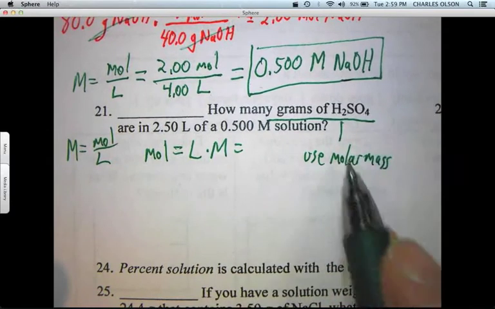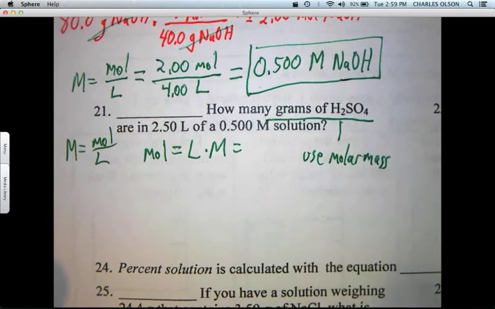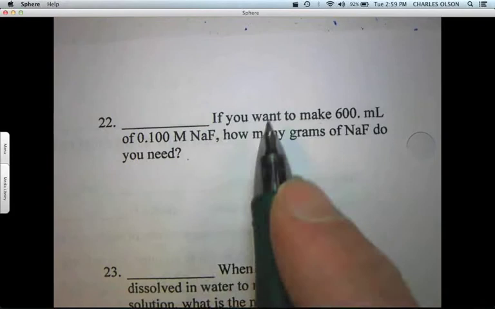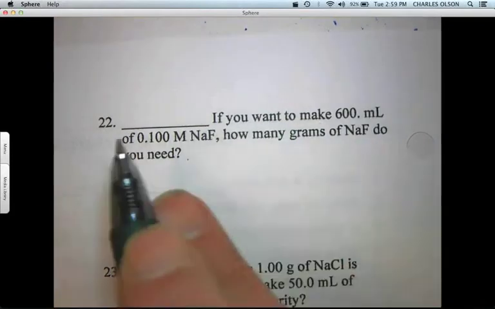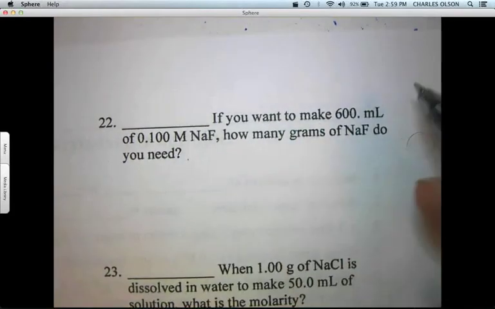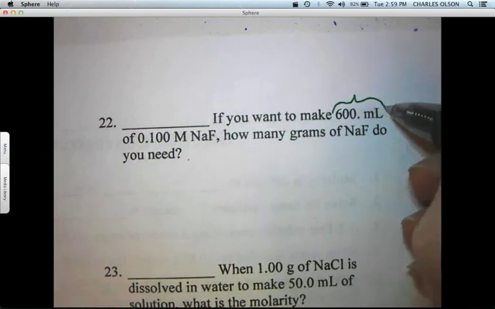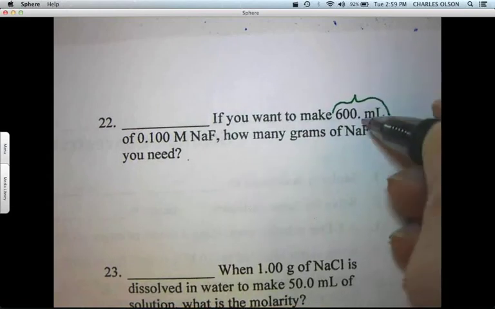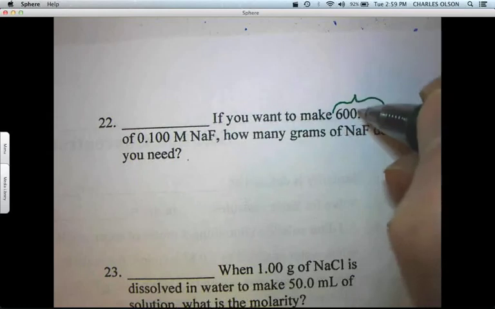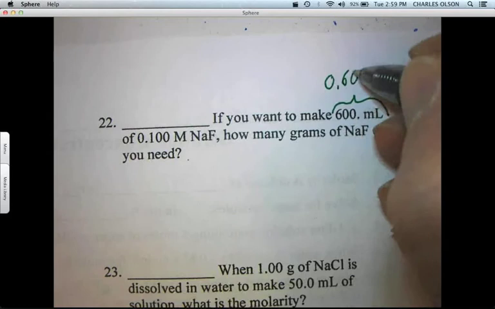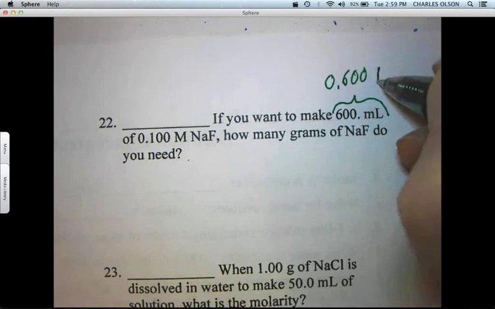Okay? All right. Next question, 22. So many mils, so many molar. We will, of course, want to convert this to liters. 600 mils with 3 sig figs is, move the decimal point 3 places, 0.600 liters.